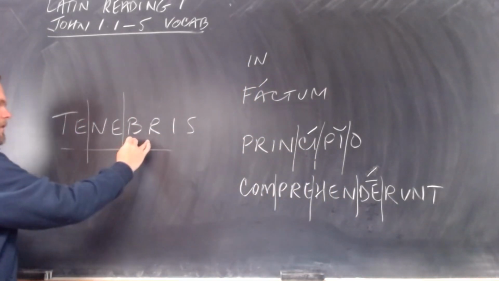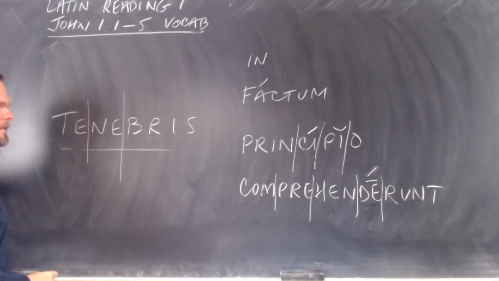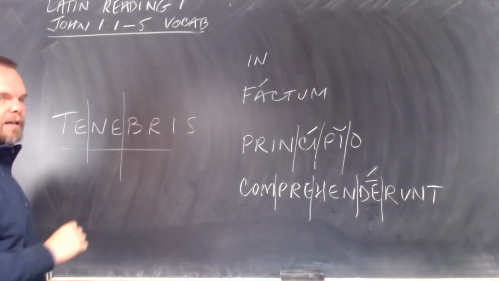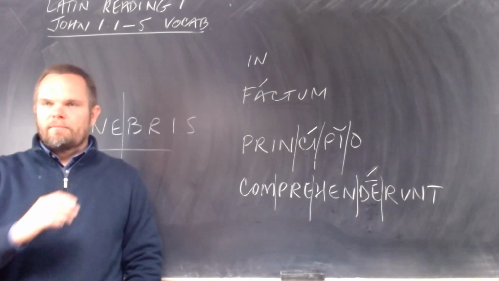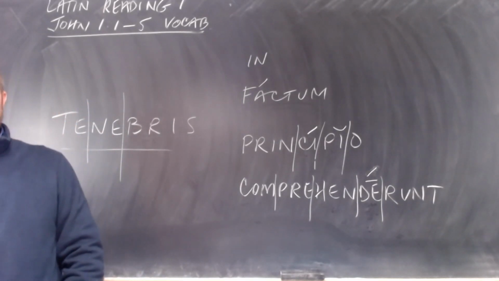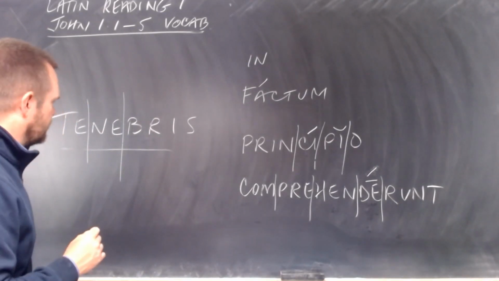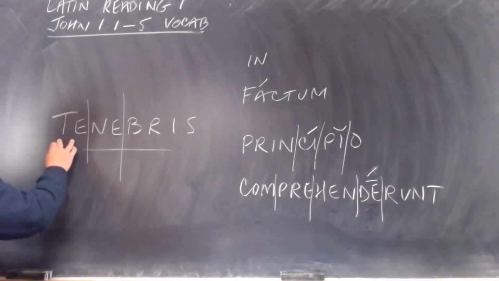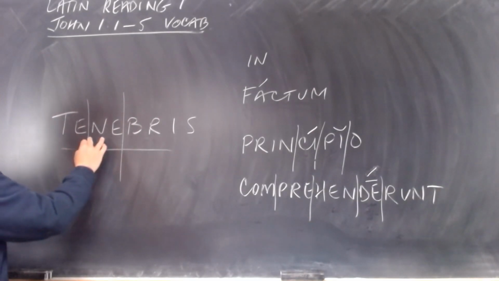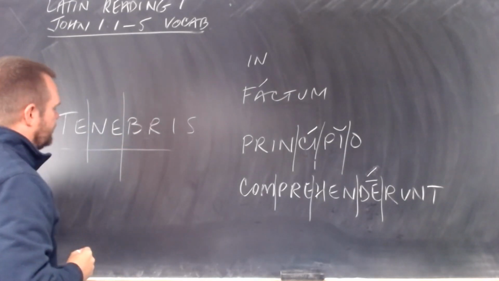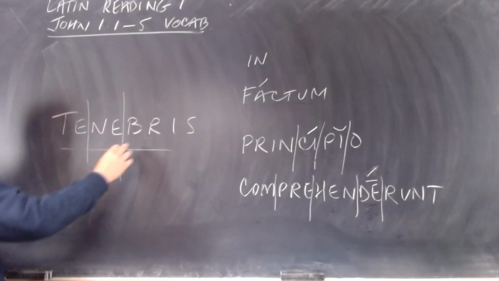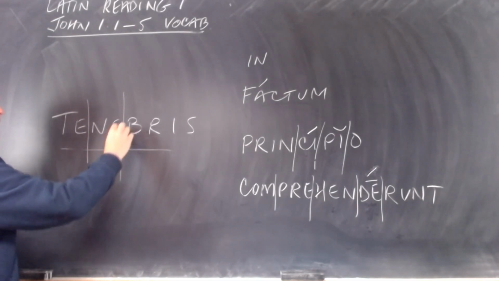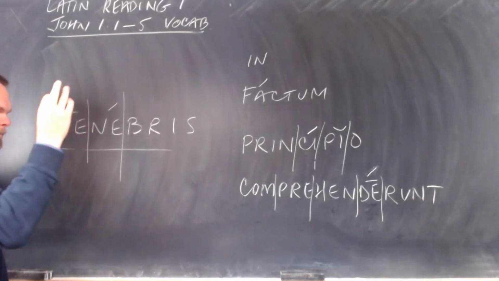Whenever you have two consonants like this together, usually that makes the syllable long. It means it makes it long to speak. But when we have te, ne, bris, it would feel like because we have length here, it would be tenebris.